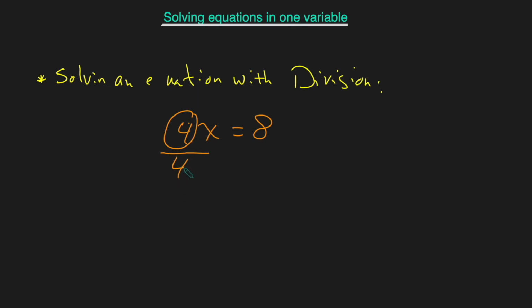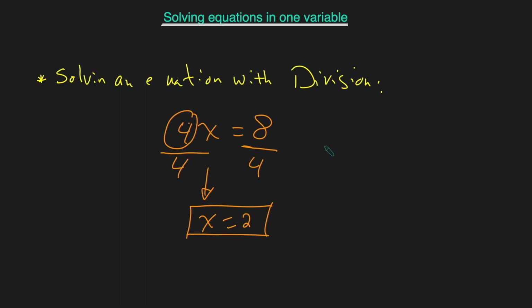So 4 over 4 is 1. 1 times x is x. Then I have to do the same thing to the right side. And 8 over 4 is 2. So my solution for x is x equals 2.